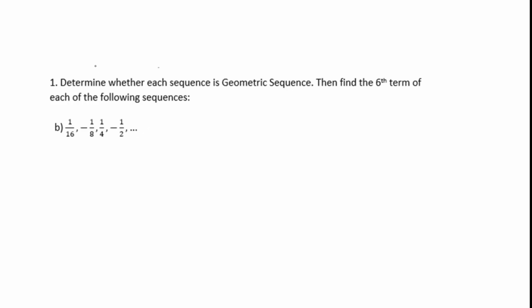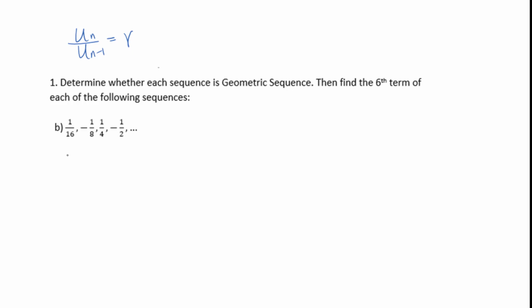According to the definition of a geometric sequence, the ratio of any term and its previous term equals a constant r. Then we call this sequence a geometric sequence.